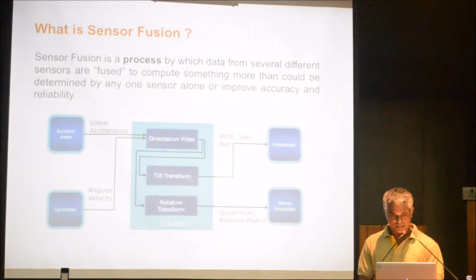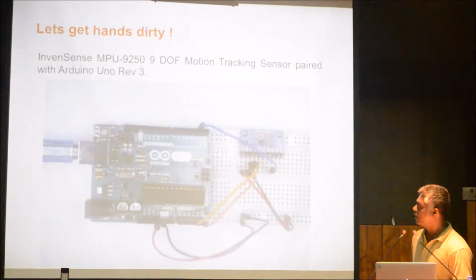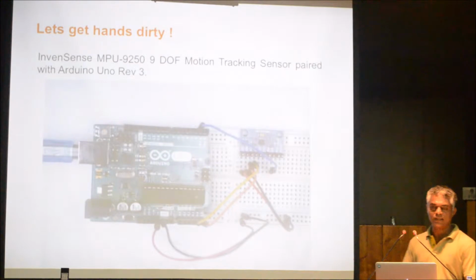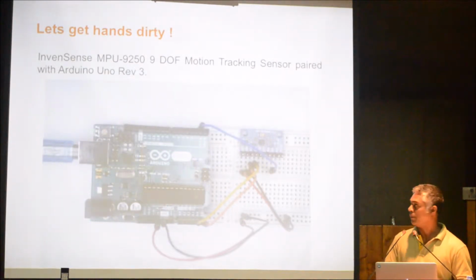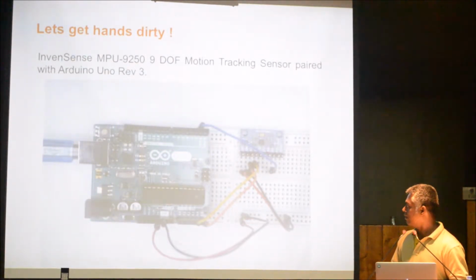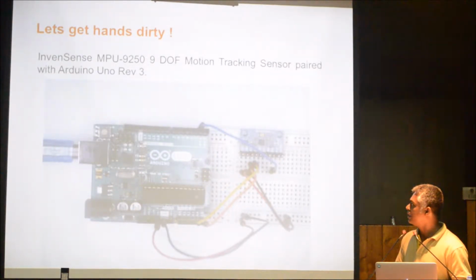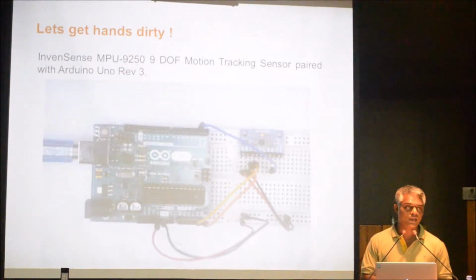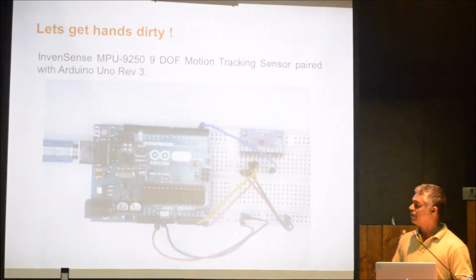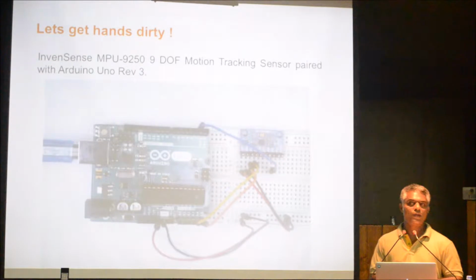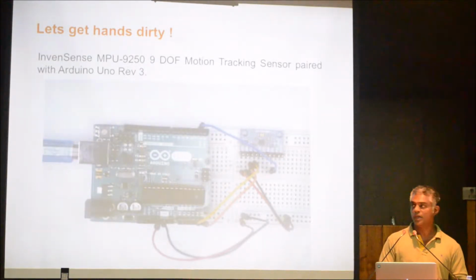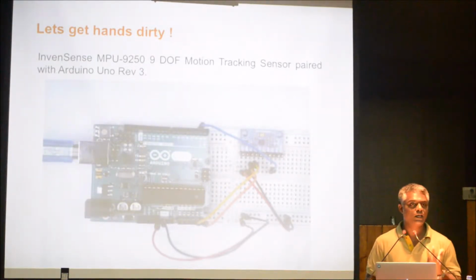So in order to understand this, I think we have to get our hands dirty and look at a practical example. Here I am using a sensor called MPU 9250, which is a 9 degrees of freedom sensor. When I say 9 degrees of freedom, this sensor uses 3 components.